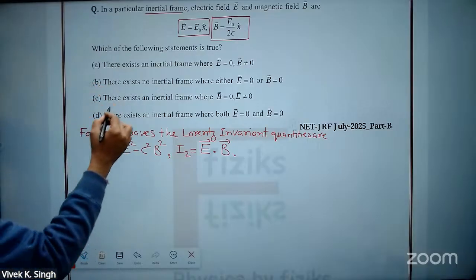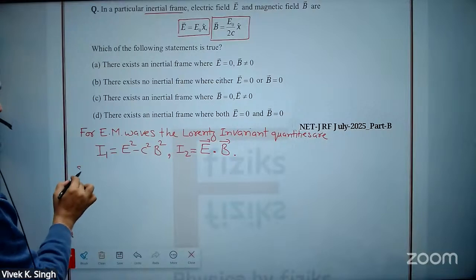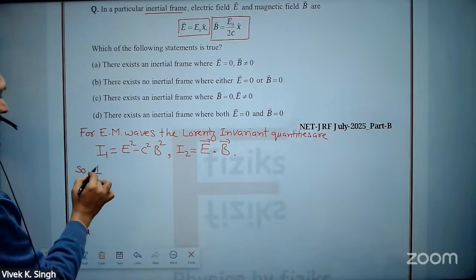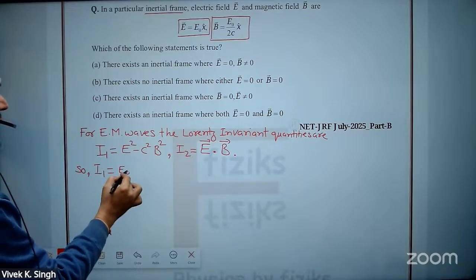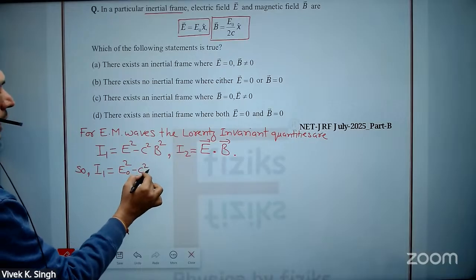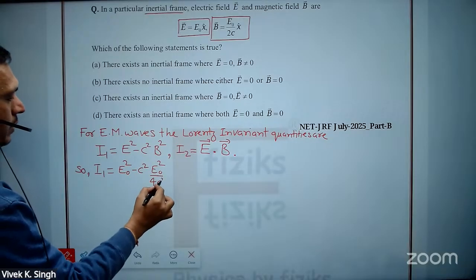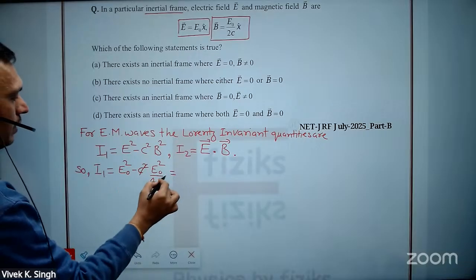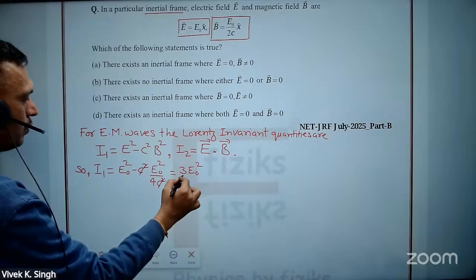So in our question, this E and B are given. So what will be I1 here? I1 is E naught square minus C square into E naught square by 4C square. This will cancel out, and 4 minus 1 is 3 E naught square by 4.